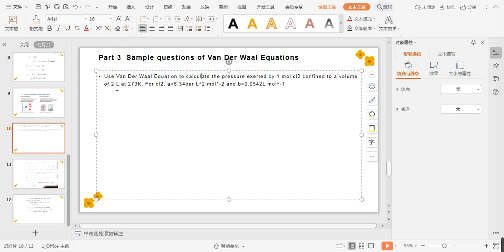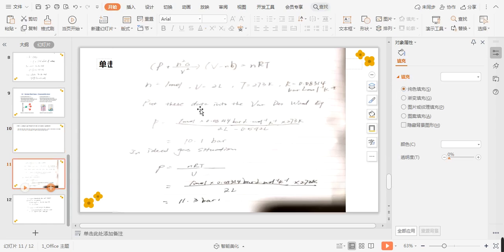Since we know n, the volume, the temperature, A and B, except P, we can easily find P by simplifying the van der Waals equation, and we find that P is equal to 10.1 bar.